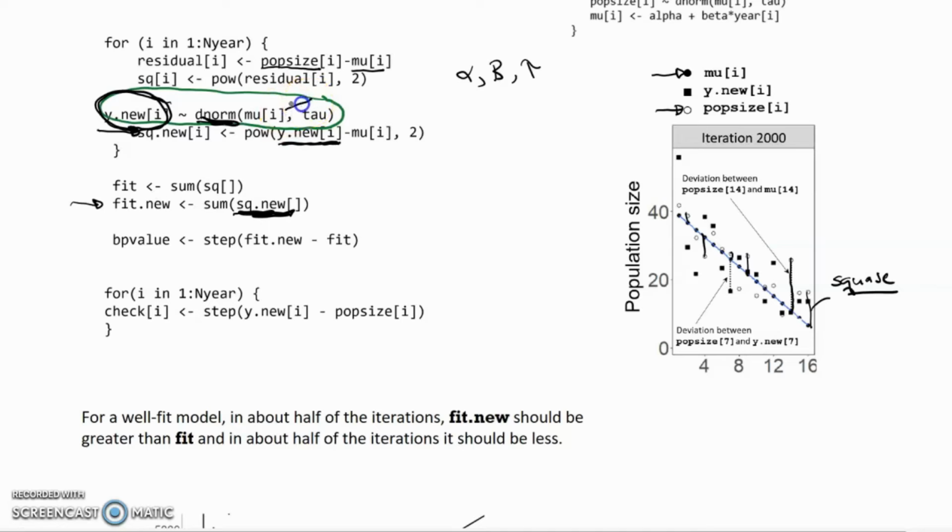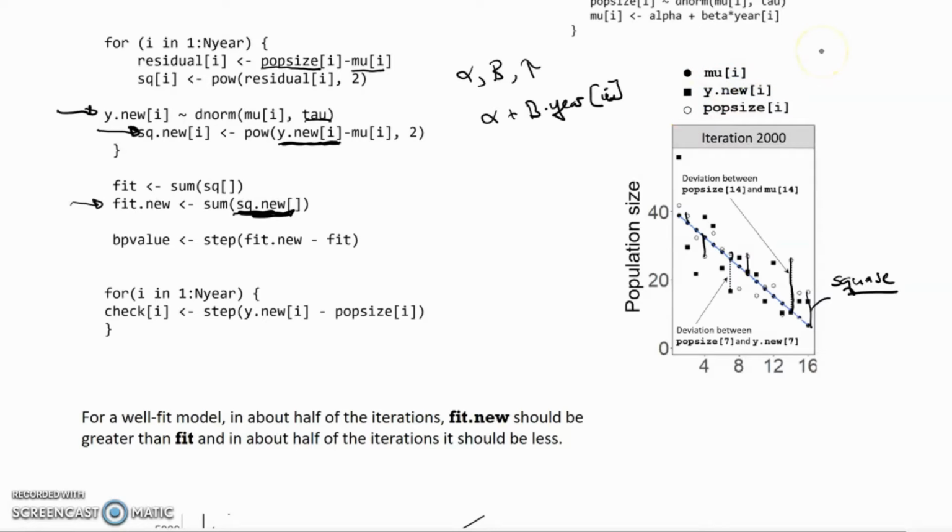This has as its mean mu i, which is going to be alpha plus beta times year i, and precision tau. So we're able to generate these new values of population size.